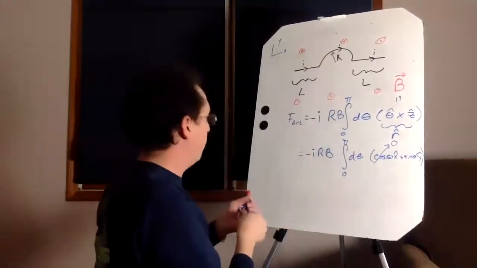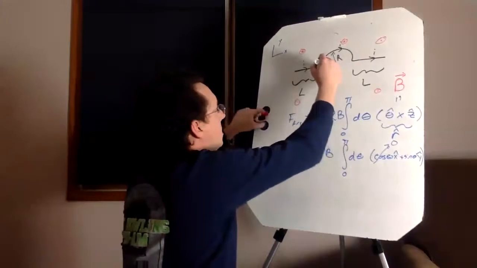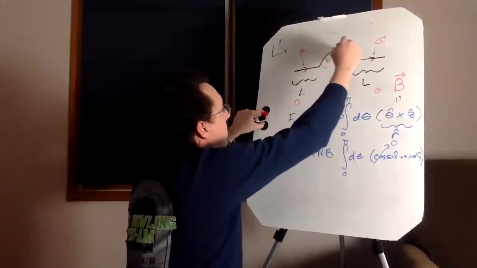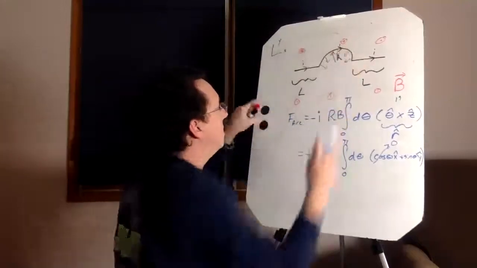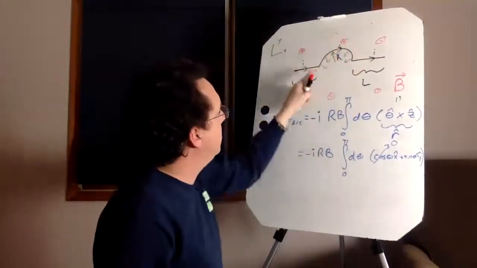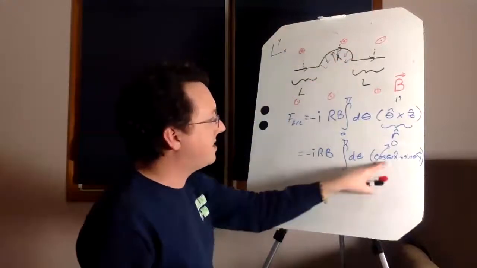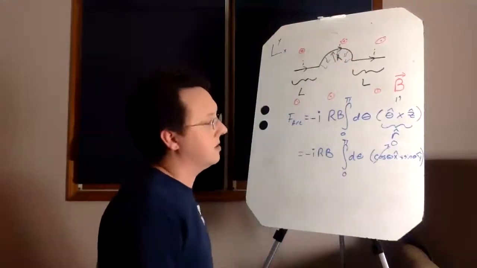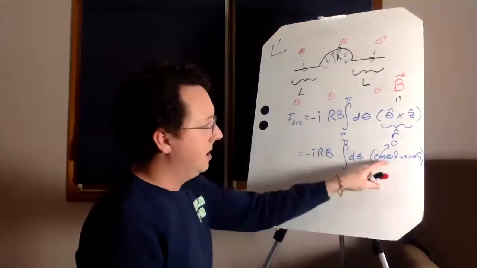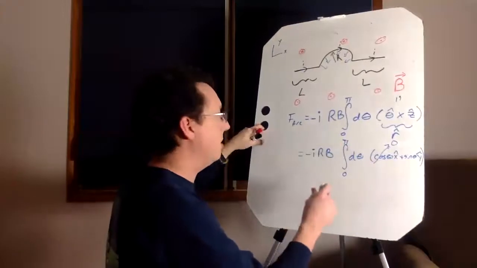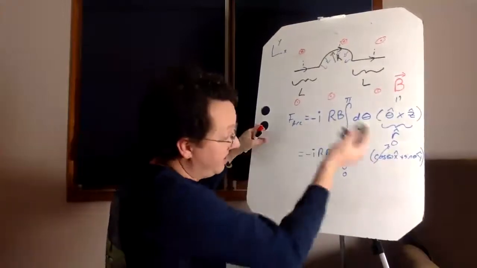So if I were to add up all the little force vectors in blue, I'm going to get a force going here, a force going here, a force going here, a force going here, a force going here. And as we go around, you'll see that the x components cancel, but the y components add. So it makes sense that this one gives 0. In fact, we could have just said that it had to be, and could have just extracted the y component directly. But, you know, this is an excuse to do more math.